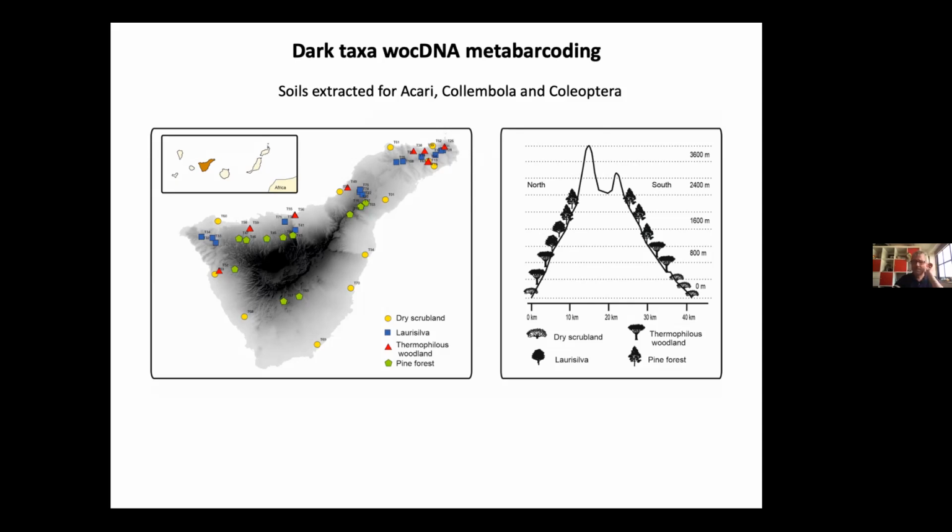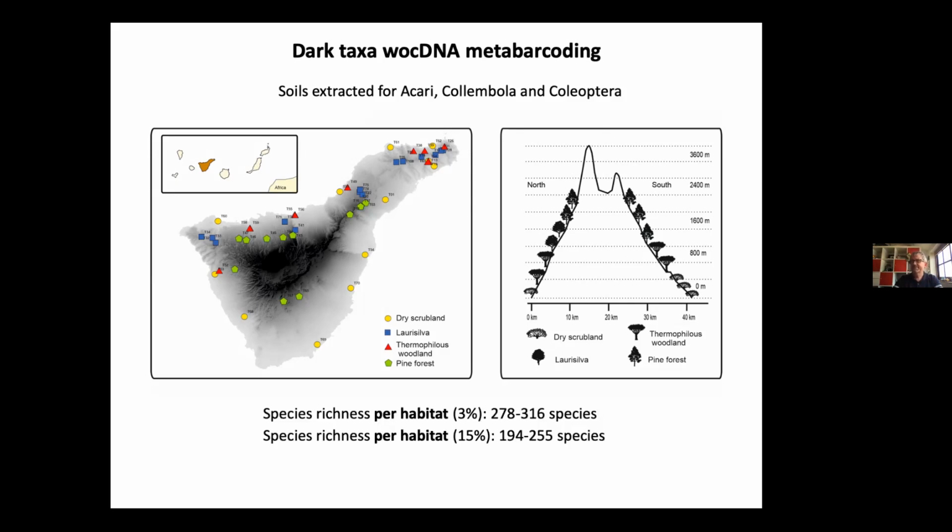So we extract the material from the soil. We do a single DNA extraction of everything. So it could be potentially thousands of individuals, generate the mitochondrial data, and then apply the filtering pipelines of Carmelo to eventually arrive at individual level species units with geographically referenced mitochondrial haplotype variation.